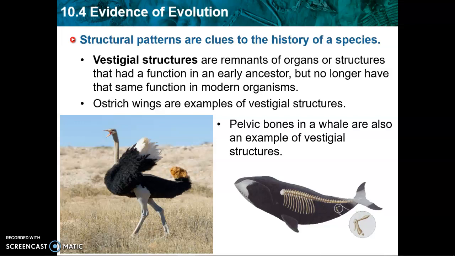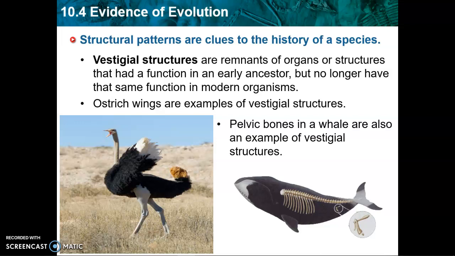And then our third type of structure that we will discuss is called vestigial structures. Vestigial structures are the remnants of an organ or a type of bone or something that perhaps functioned in the ancestor of the species, but no longer has a useful function in that modern organism.